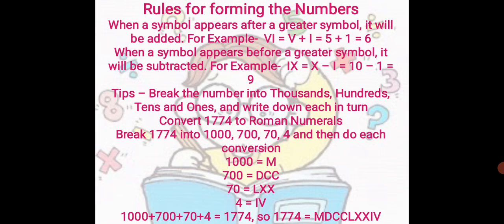That means D and double C. 70 is L, X and X, L and double X, then 4 equals I and V. So what will be the Roman number for 1774? The Roman number for 1774 is M, D, double C, L, XX, I and V.